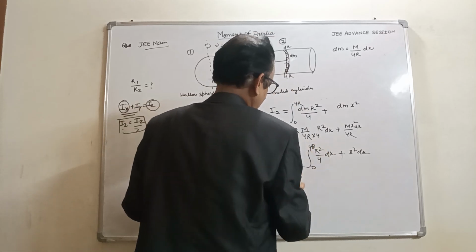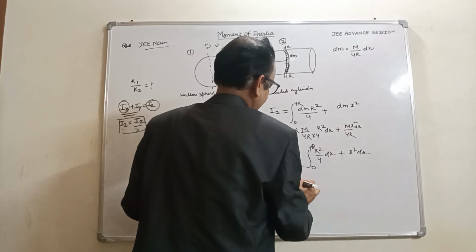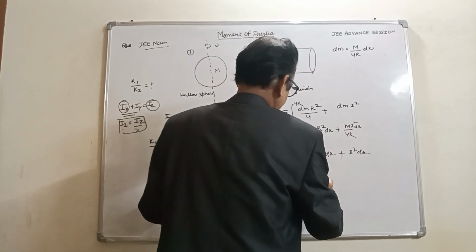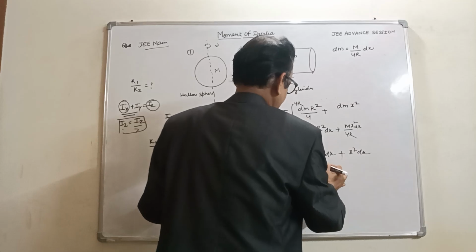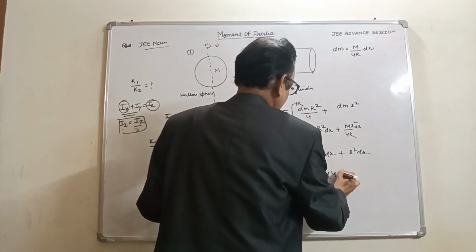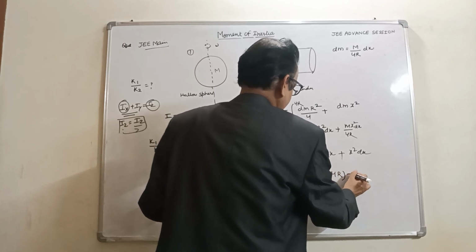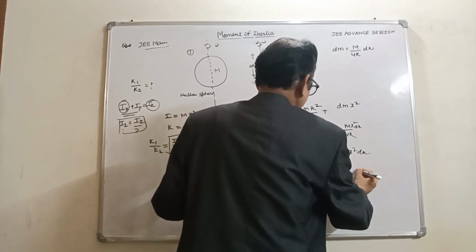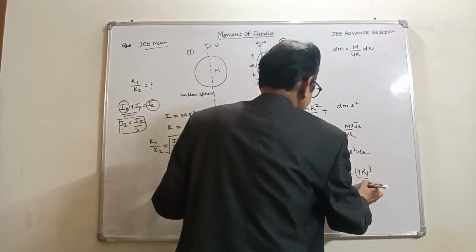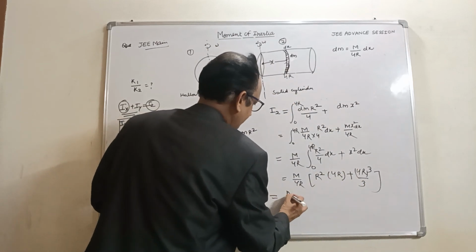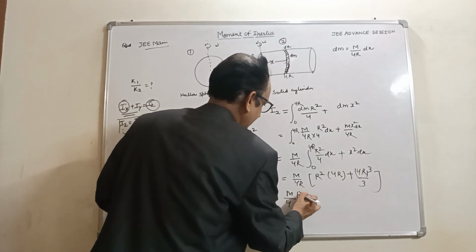So m upon 4r integration r square as it is, and this becomes x. So putting the value, this would be 4r minus 0, so this becomes 4r, and this becomes x cube by 3, so becomes 4r whole cube by 3, r cube, this becomes m 4 r square.